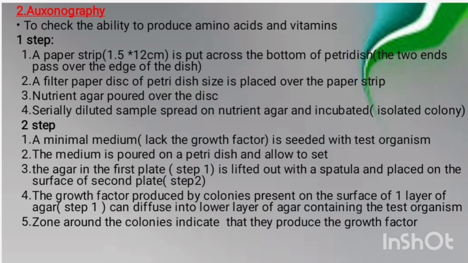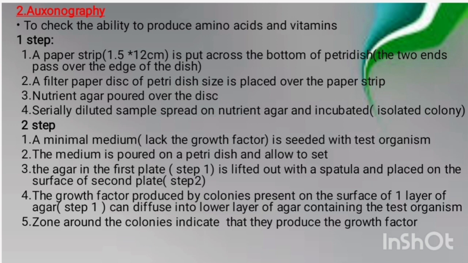A filter paper disc of petri dish size is placed over the paper strip on the bottom of the dish. First we place a filter paper strip, then above that a filter paper disc of petri dish size is placed.